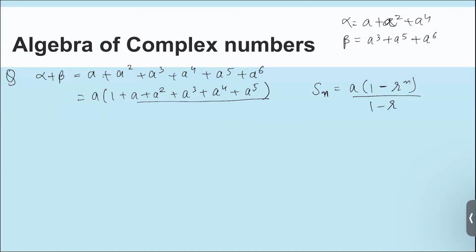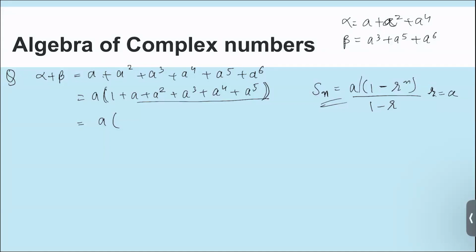Over here, your r is also a. This entire bracketed part can be reduced to this form. So you can write this as a, and your n is actually 6 over here.